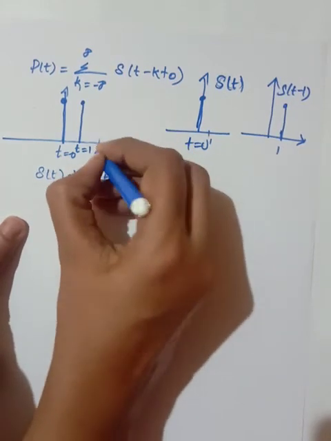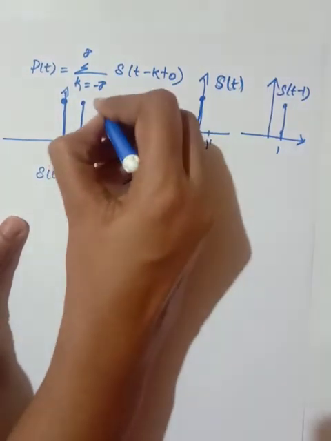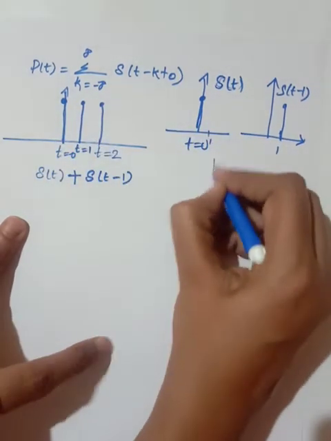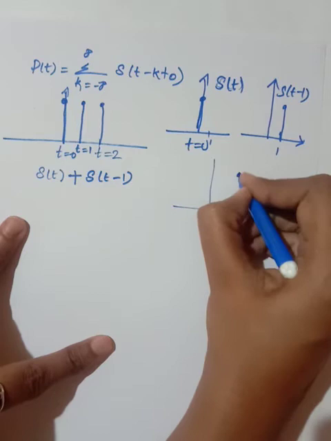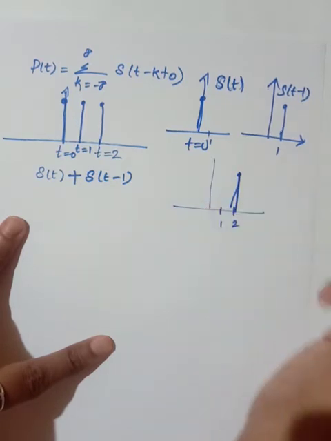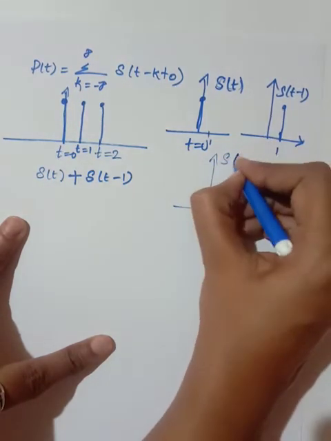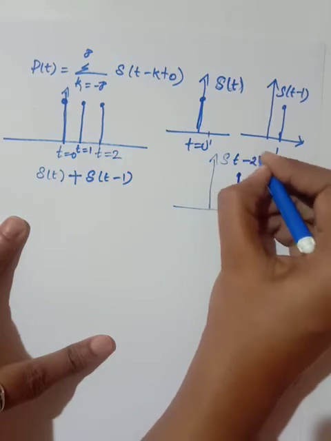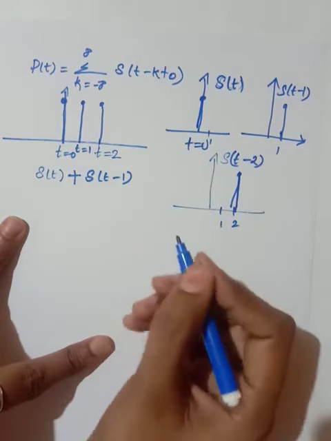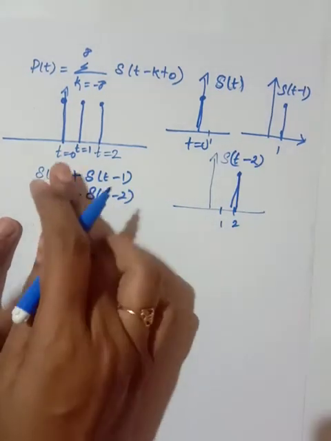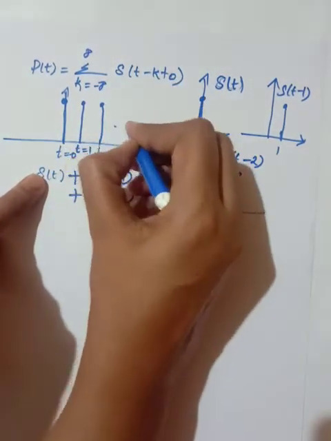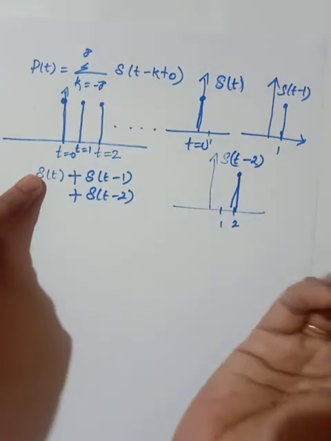Similarly, if I want an impulse at t equal to 2, I will add another signal, delta of t minus 2. Like that you can generate the train of impulses on the positive side.